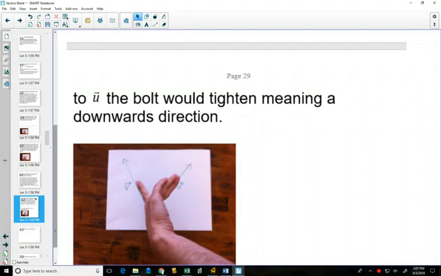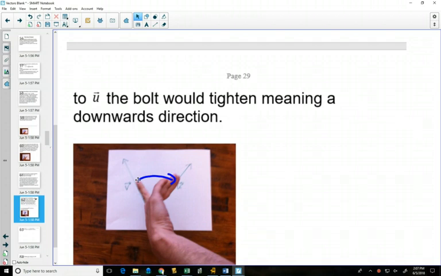Your index lines up with the first one, and then your other 3 fingers can only bend in one direction. Again, if I do V cross U, starting at V going to U, and I think about turning my toothpaste cap in that direction, or tightening a bolt with a wrench, that would tighten it, which would force the lid down, making that a downward motion.